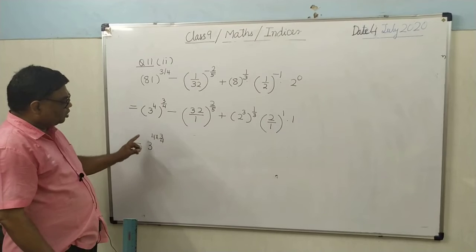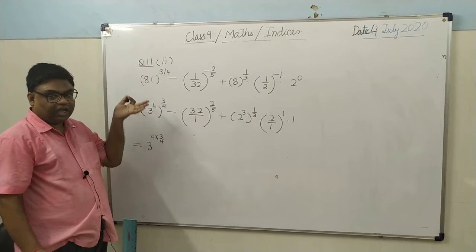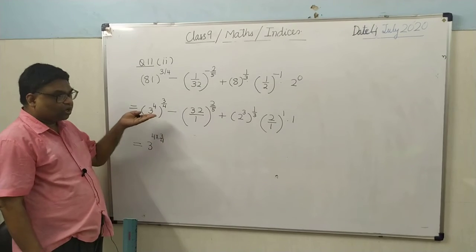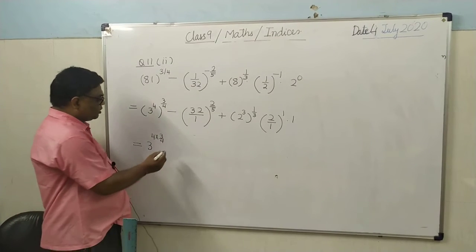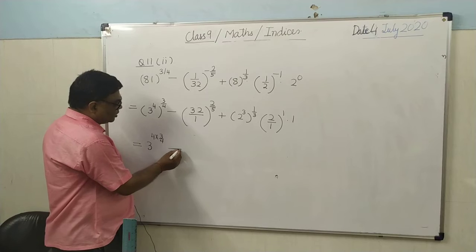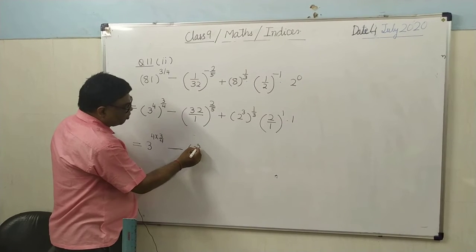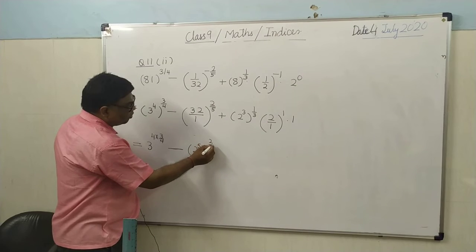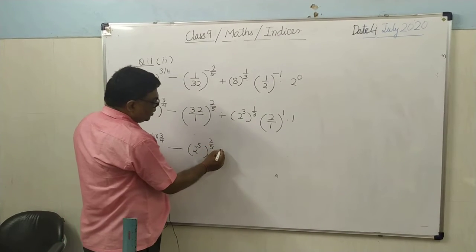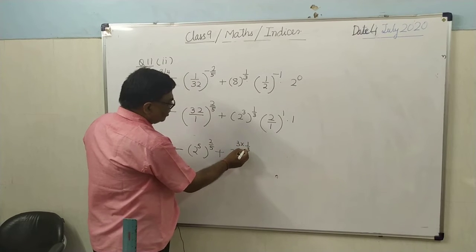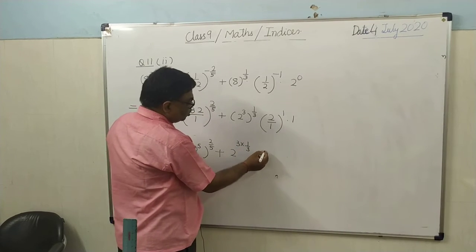I have already told that you write the power slightly up. Slightly up means write it a little above the base, so that it is clear that it is the power. Now 32 you can write 2 to the power 5 whole to the power 2 upon 5 plus 2 to the power 3 into 1 by 3 into 2 to the power 1.